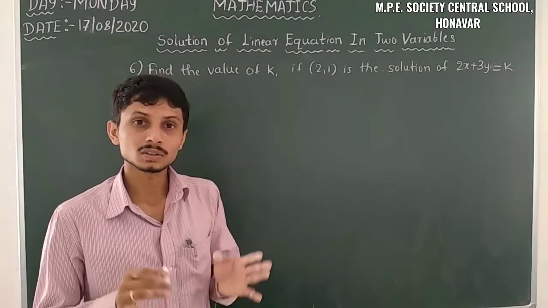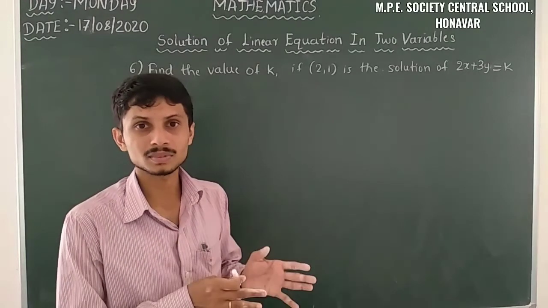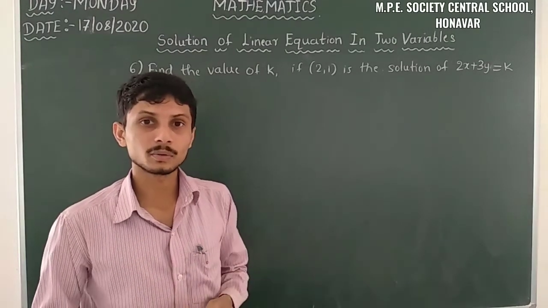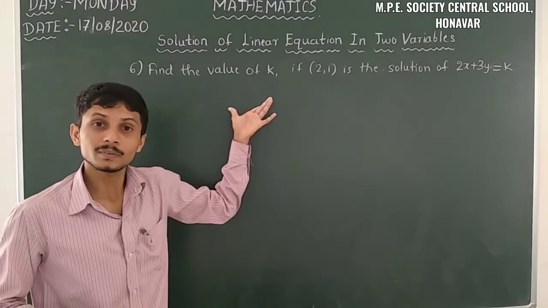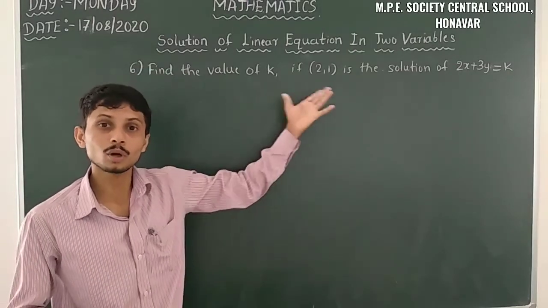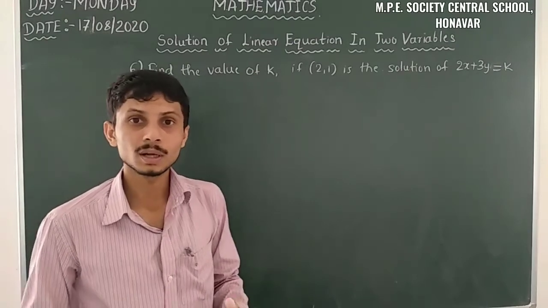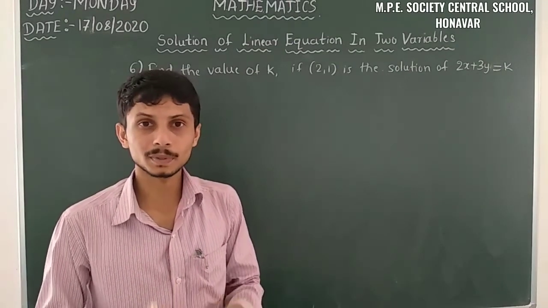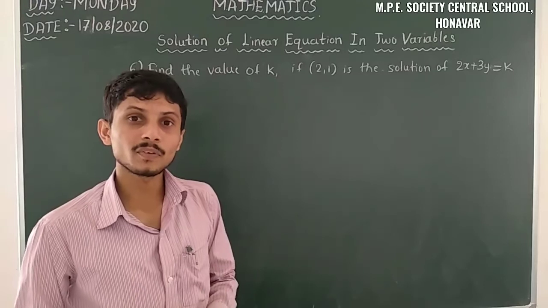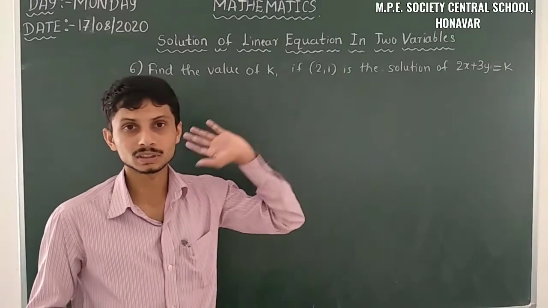So this is a similar type of problem to the one we did previously. But here it's confirmed that 2 comma 1 is the solution of this equation. Here we have to find the value of k by substituting the value of x and the value of y in that equation.